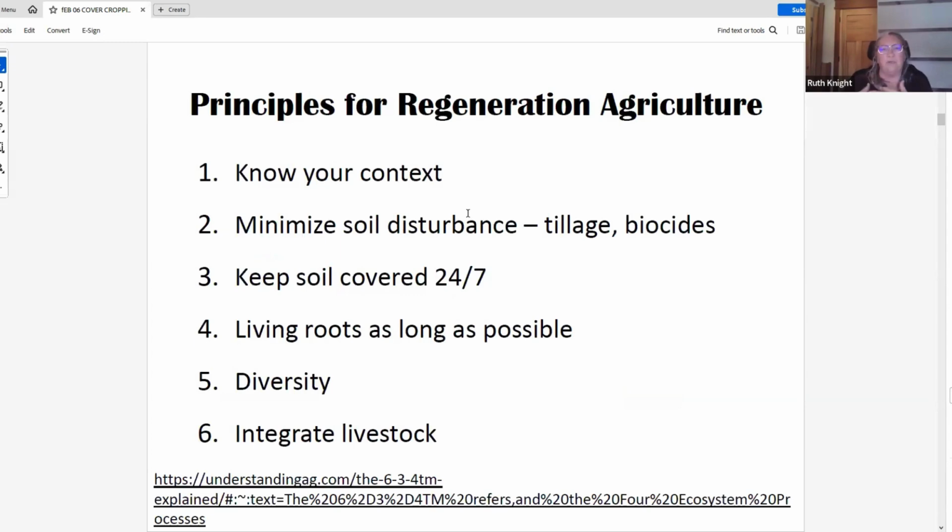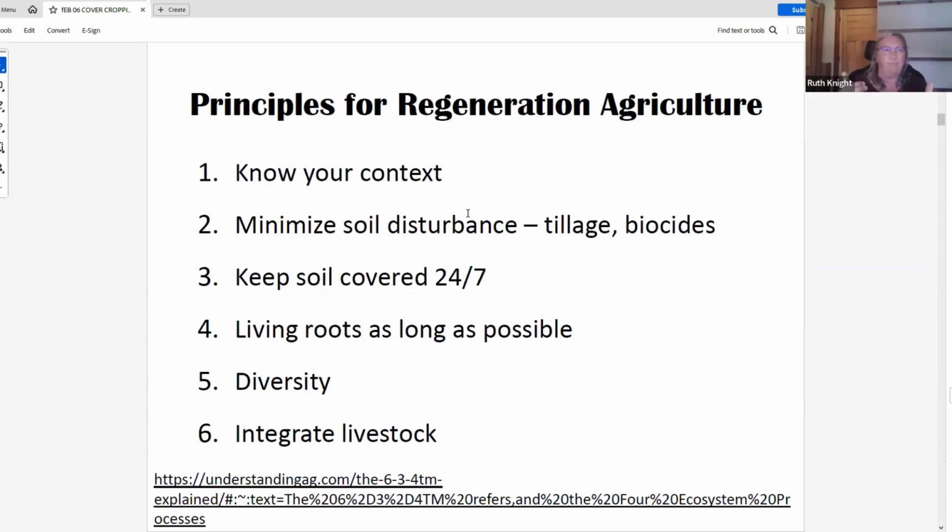Coming back to the principles of regenerative agriculture, the tool of cover crop really is important in terms of knowing the context. But from all the other principles, diversity, integrating livestock, living roots, keeping the soil covered, the way cover crops are managed hits all of the other principles of regenerative agriculture.